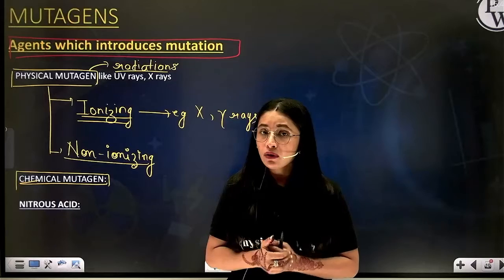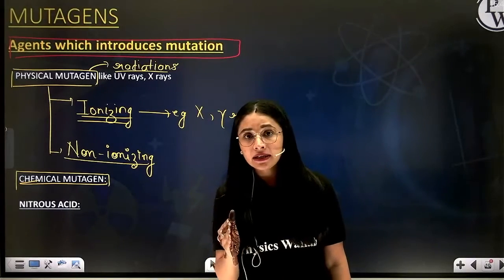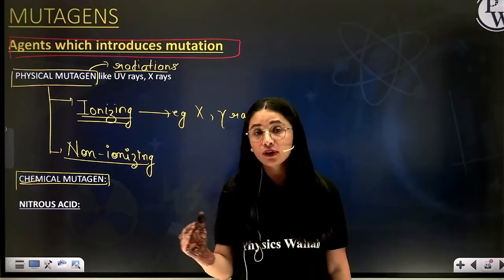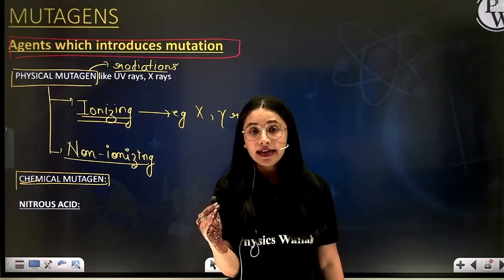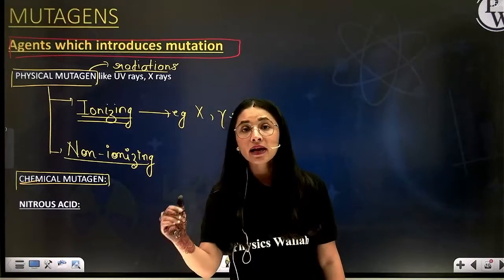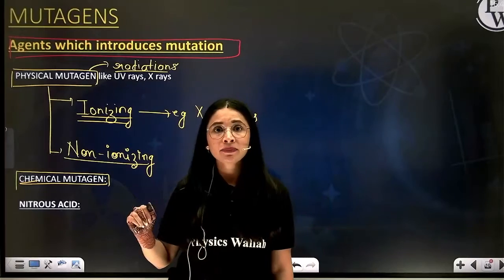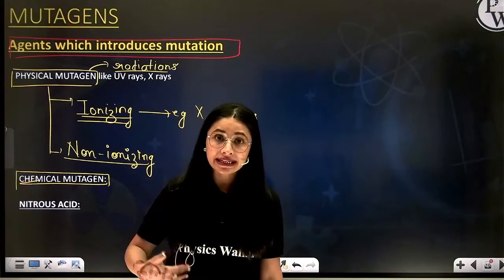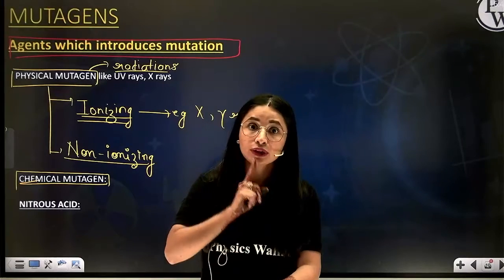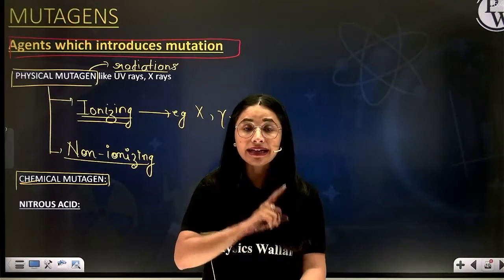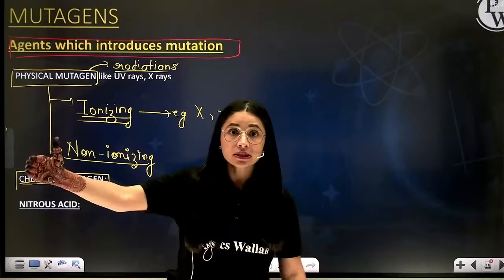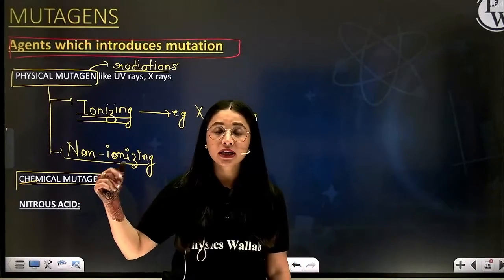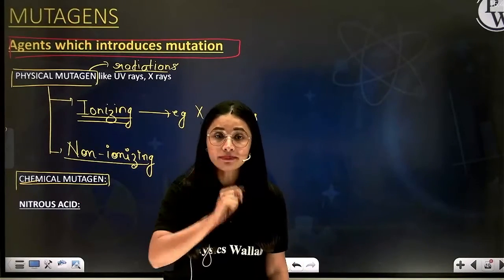Right? Now, it is said that a person should not frequently undergo X-rays. It is not a good habit. Why? Because X-rays are mutagens. If you are constantly in contact with X-rays, if your skin, your bones, your DNA is in constant contact with these mutagens, they can cause damage in your DNA.